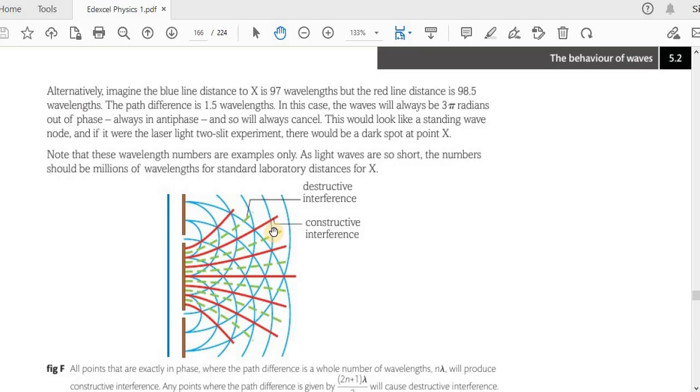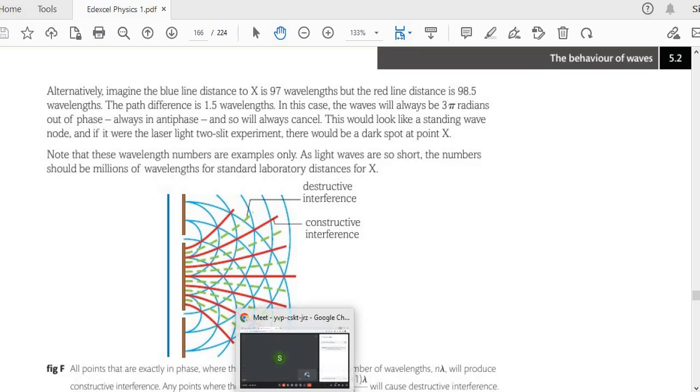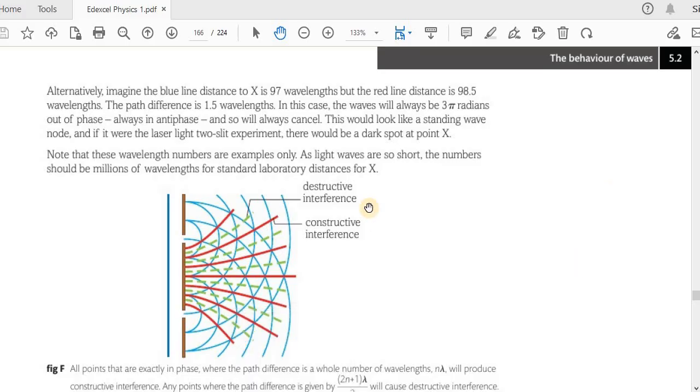They correspond to constructive interference. So if you go along any of these red lines, you will have an antinode there, because you have constructive interference. The crest and the crest, or the trough and the trough, are meeting.